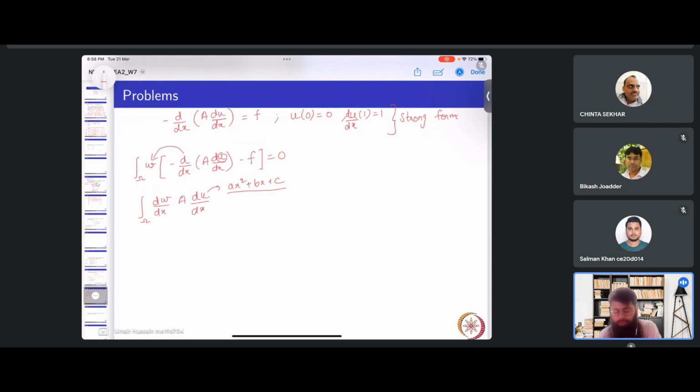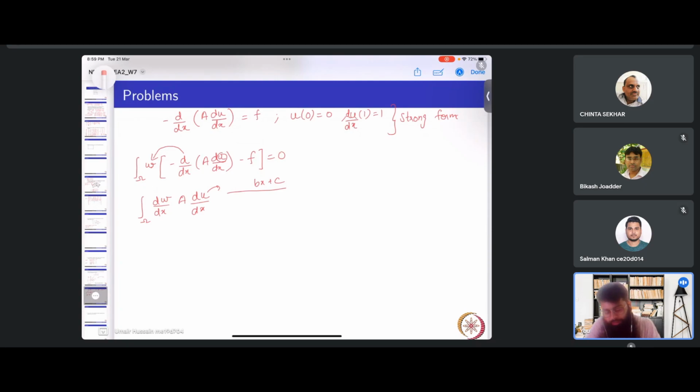But since now it's only a first order derivative, I can easily skip that term and use this. There won't be any numerical issues in the formulation. So this is basically the motive of the weak form.